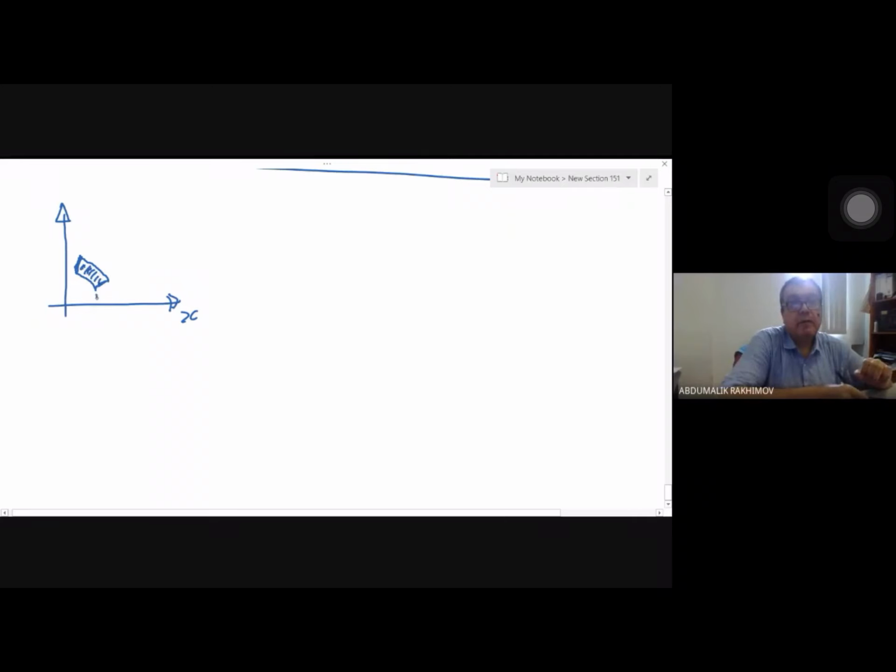If you continue, this is A, and this is B. So the plate is this one. It has 4 boundary conditions. Let this angle be pi over 6, or 30 degrees, and this one be 60 degrees.